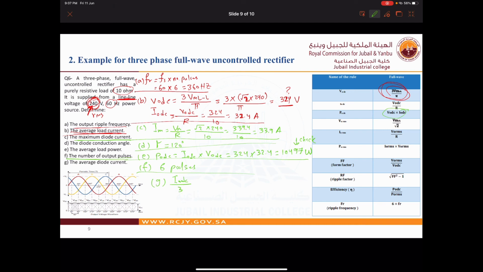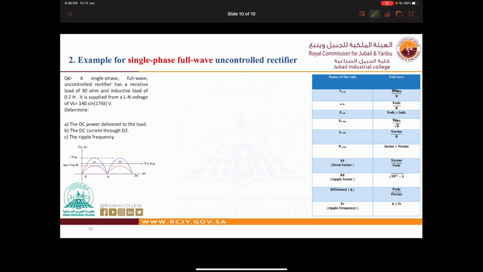Sorry, 6, because we have 6 diodes. Then the answer is 5.4 ampere. Now this is how to find the average diode current, and this is for the 3-phase full wave uncontrolled rectifier.